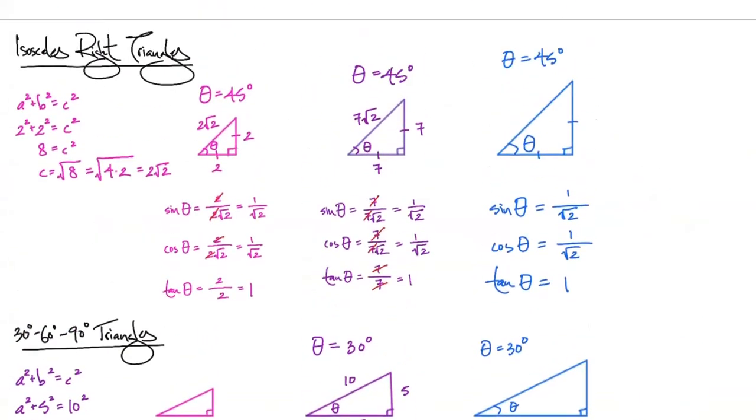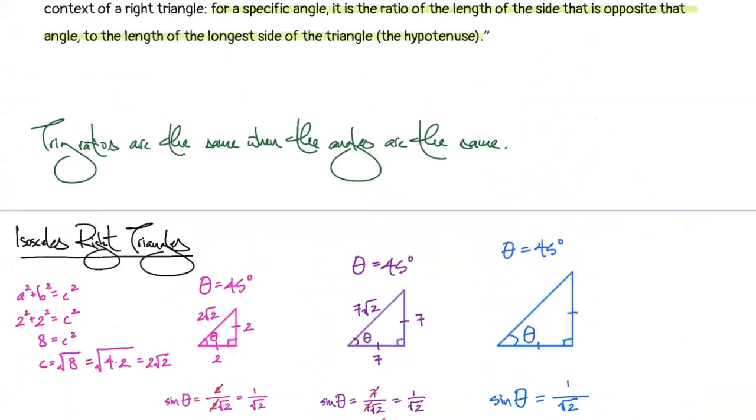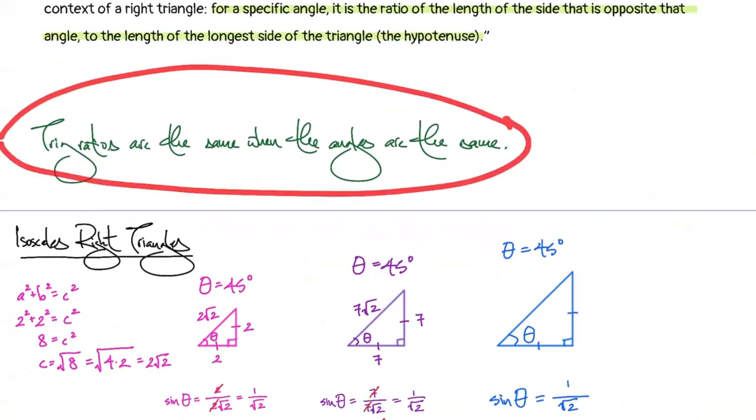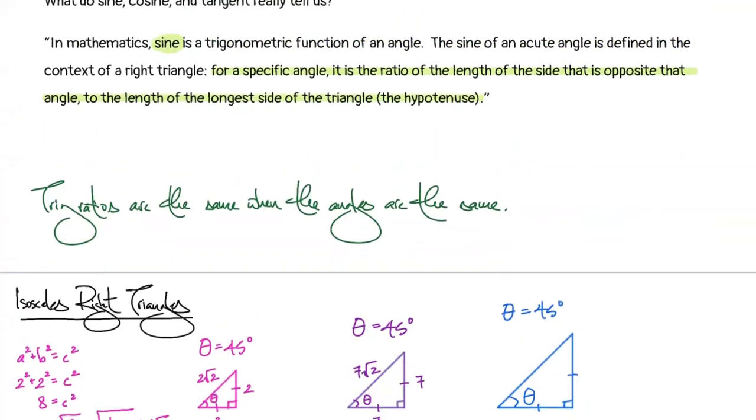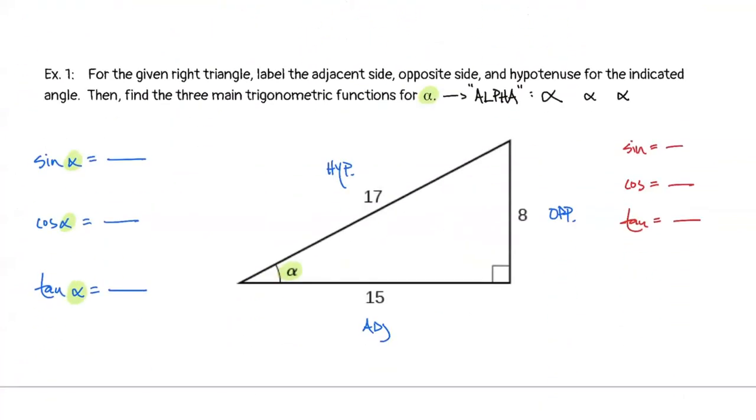Remember that comment earlier that was so important that I wrote it down? Trig ratios are the same when the angles are the same. And trig functions are of an angle. So what did I do wrong in this red part that I wrote over here?